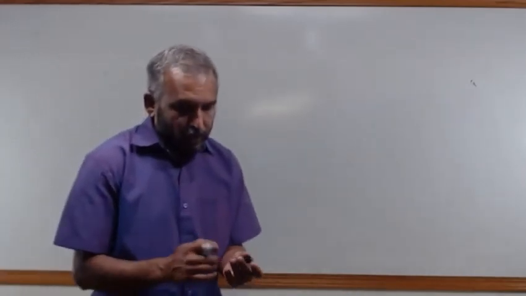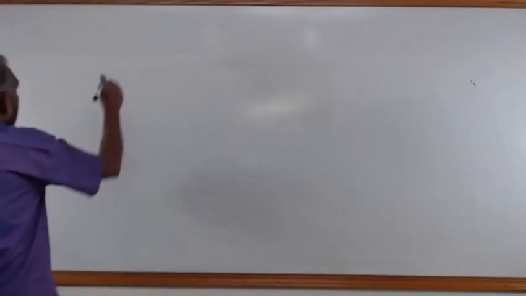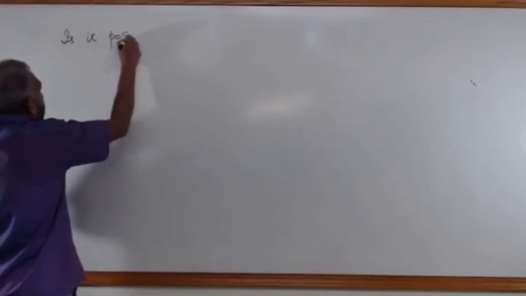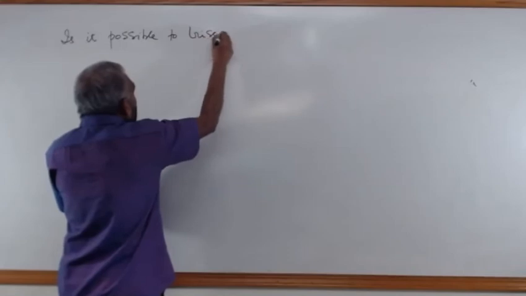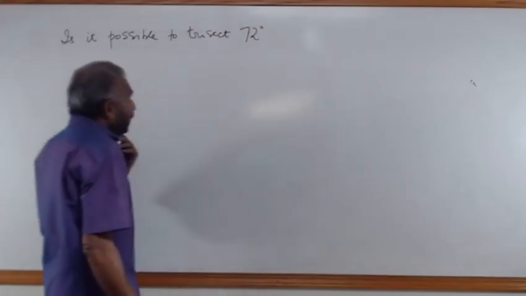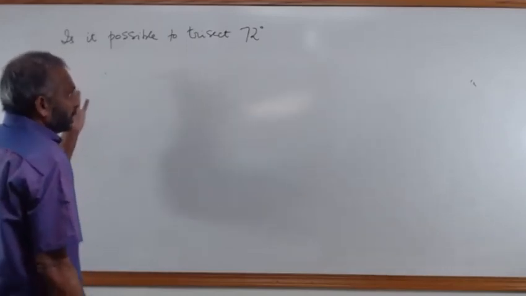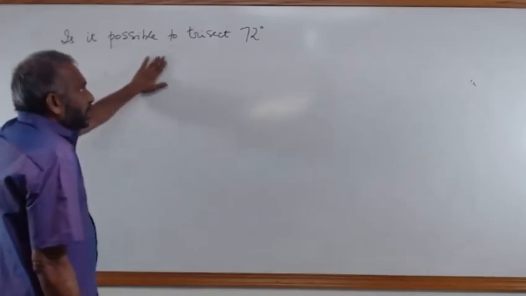We'll do a couple more problems before we close this session. The next problem is, is it possible to trisect 72 degrees? We know that there are angles which cannot be trisected. But that doesn't mean that all the angles cannot be trisected.